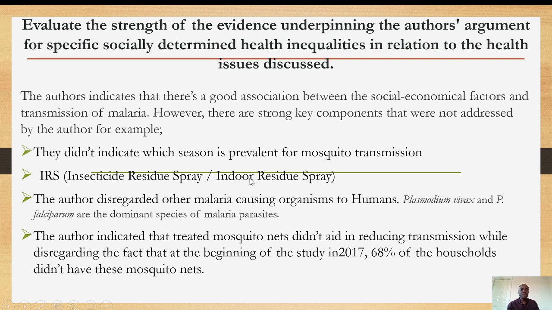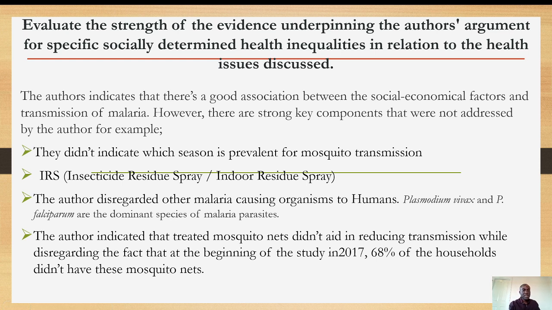The paper talked about the seasons for mosquito transmission, but didn't tell us which season contributed which percentage. Mandla district has three seasons: winter, summer, and monsoon. Most spread happens in the monsoon, but that information was disregarded in the study.